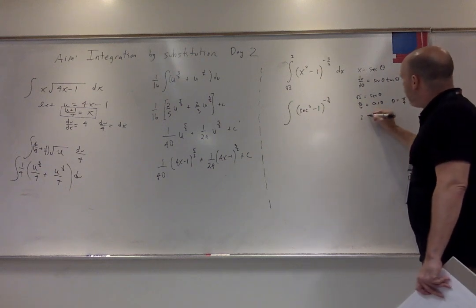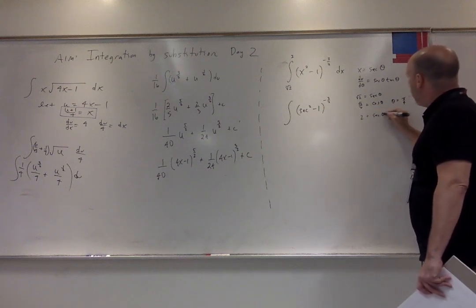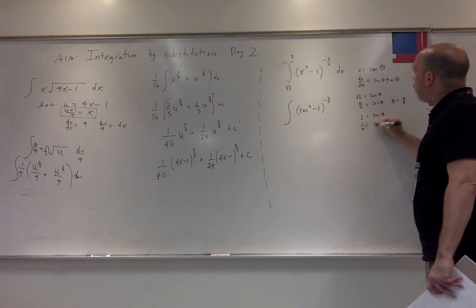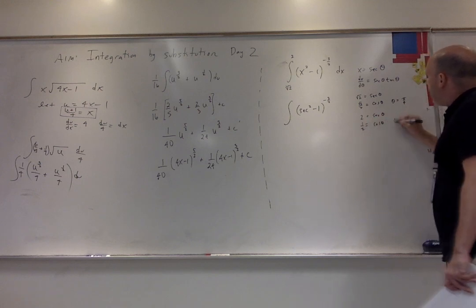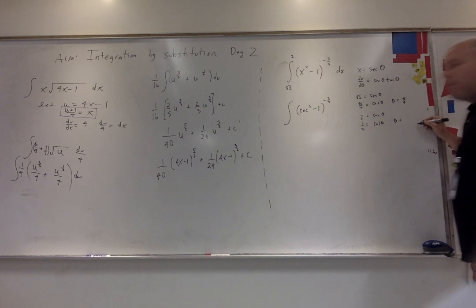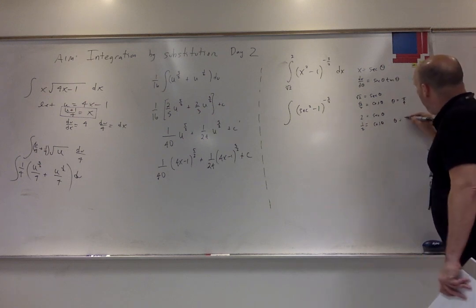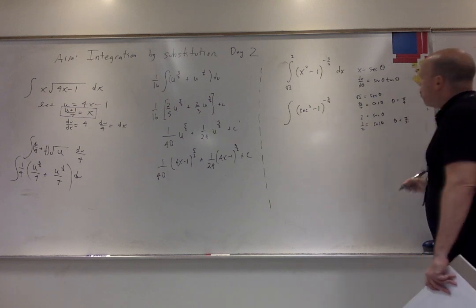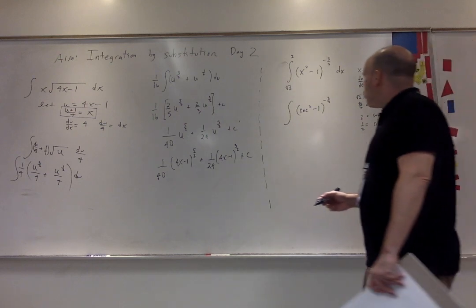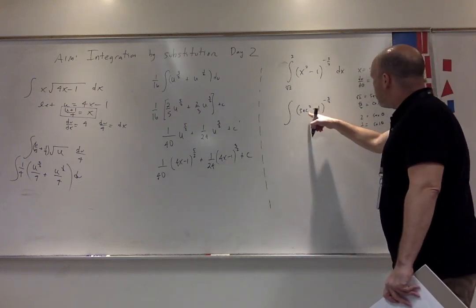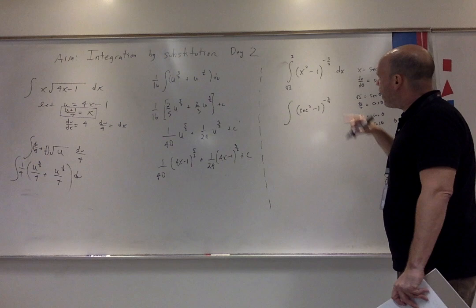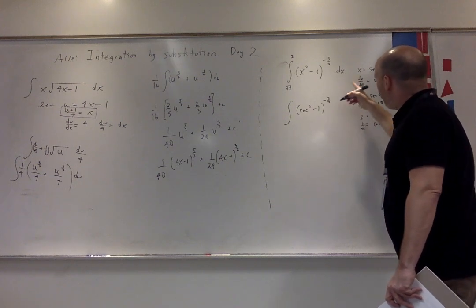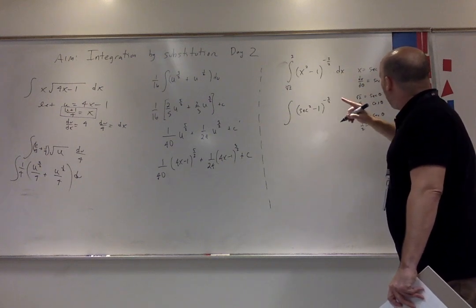If 2 is equal to secant theta, that means 1/2 is equal to cosine theta. That means theta is equal to, what's that one? Pi over 3. So let's put this all together. So we have secant theta minus 1 to the negative 3 over 2. We replace dx.